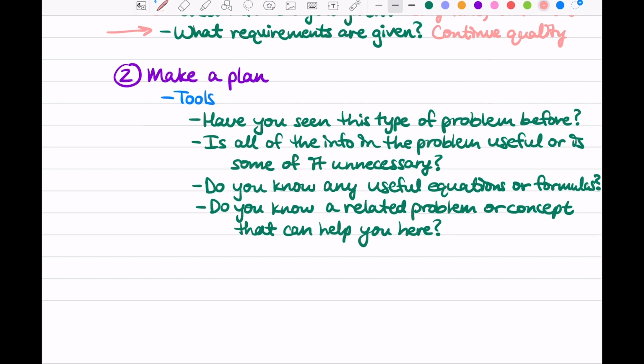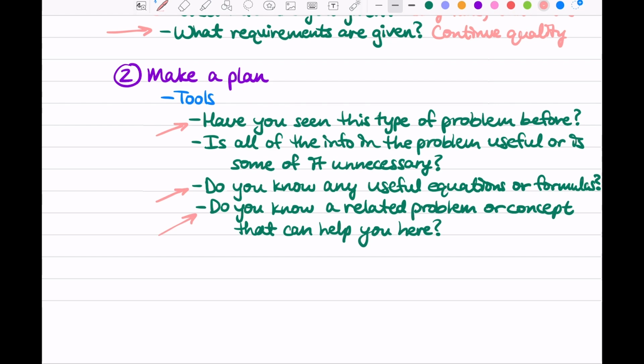So you might have to think a little bit for this question. Let's say that for our first question, you haven't seen this type of problem before. And let's say you don't know any useful equations or formulas. Then you don't really have much to work with. So this final question here is, does the question remind you of anything? Any concept you've seen before in class?